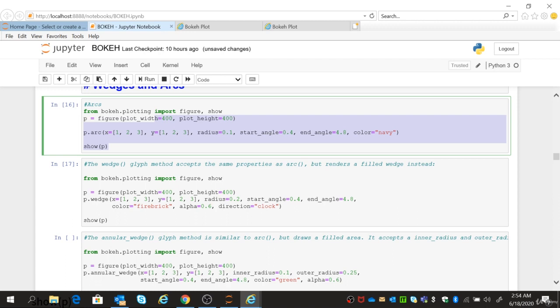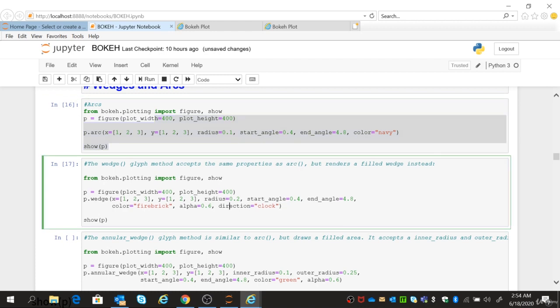The difference is because of the clock factor. Since I have given the extra optional parameter direction because I want to render my wedge in a clockwise direction, that's why the difference of direction is there. And there's a color difference because of the way the color has been mentioned.